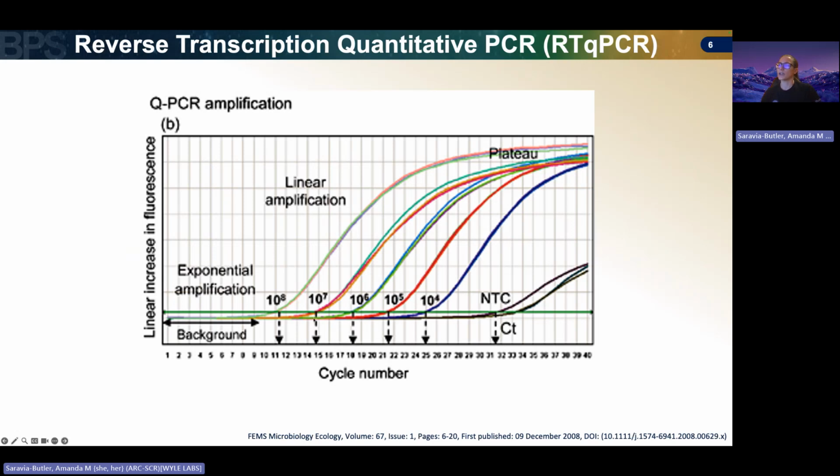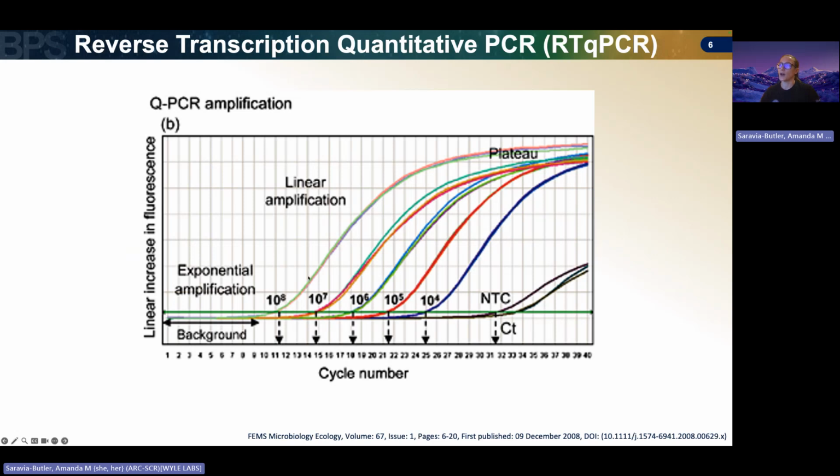And so what you're going to look at here is to determine what cycle number the signal was detectable beyond background noise in each one of your samples. And again, the sooner this signal is detected, or the fewer cycles it takes to detect the signal above background noise, that means there was more of your starting material in your initial sample.